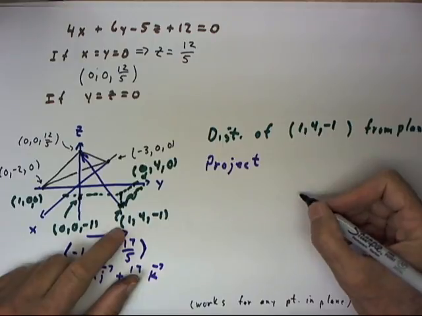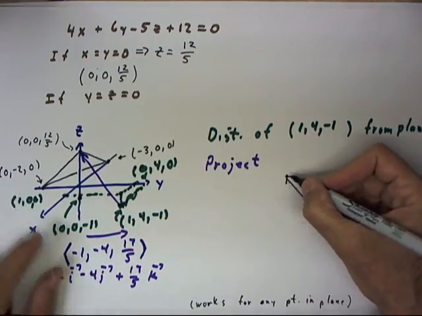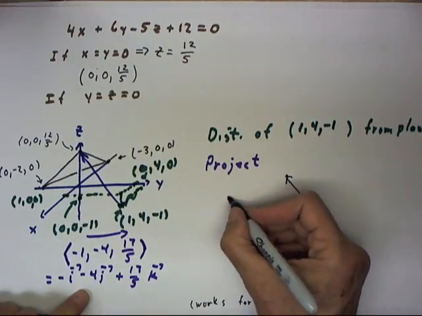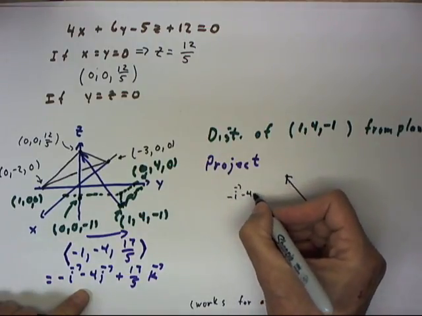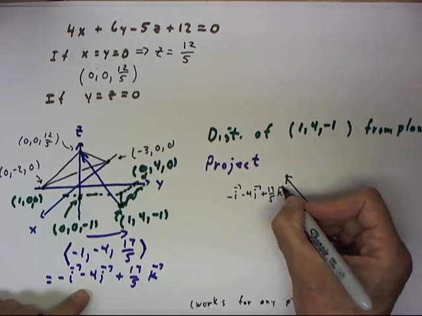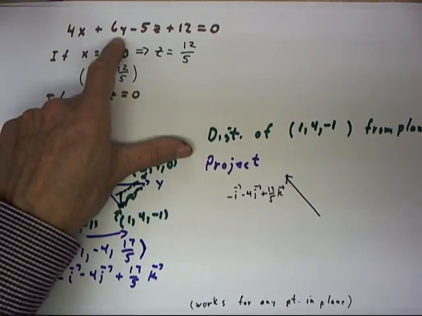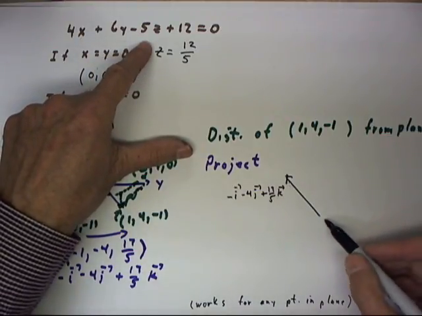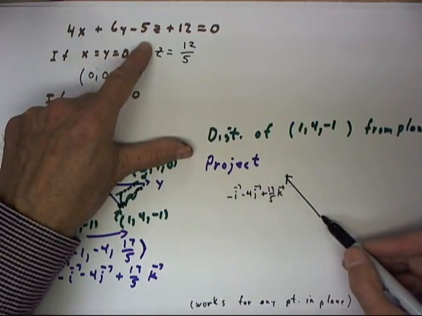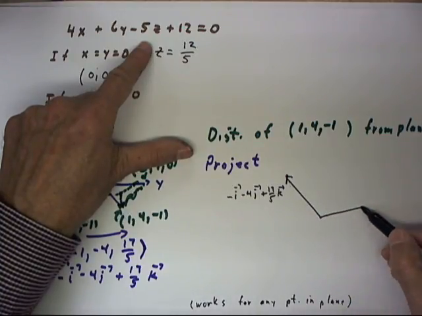We have the vector here, that's our vector, negative i minus 4j plus 17/5 k. And then we have our normal vector, which is 4i plus 6j minus 5k. Now, I'm not even going to attempt to put that in a correct direction, but maybe the vector would look something like this.